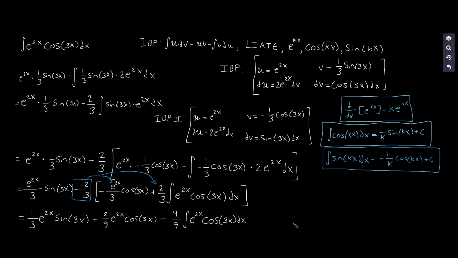And so what we end up having is 1 over 3 times e raised to the power of 2x times sine of 3x plus 2 over 9 times e raised to the power of 2x times cosine of 3x minus 4 over 9 times the indefinite integral of e raised to the power of 2x times cosine of 3x, integration with respect to x.